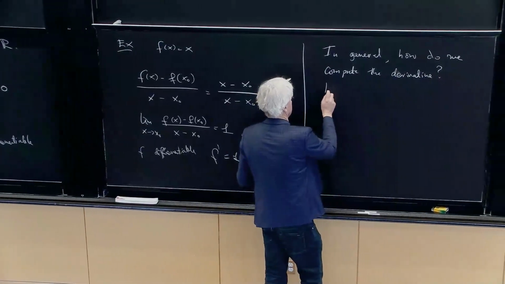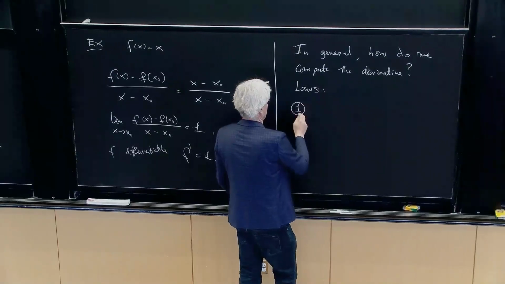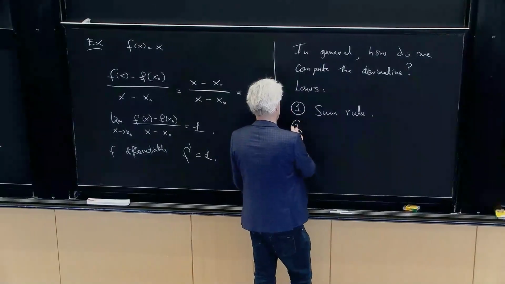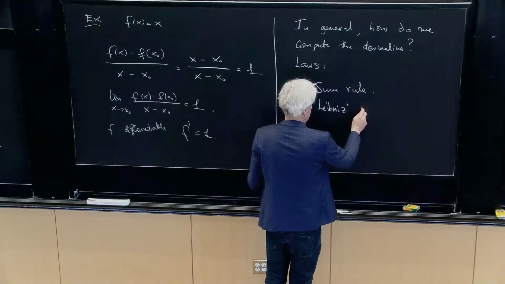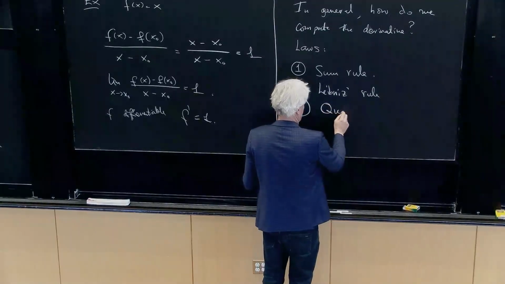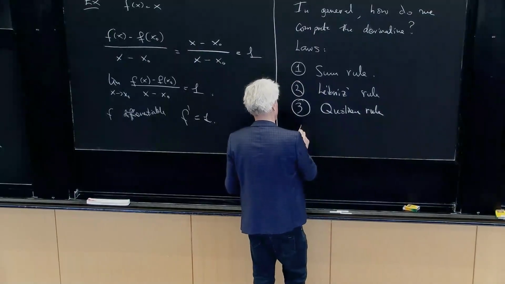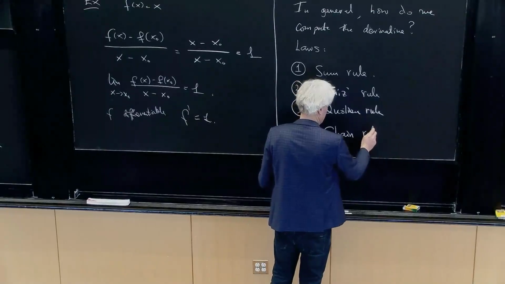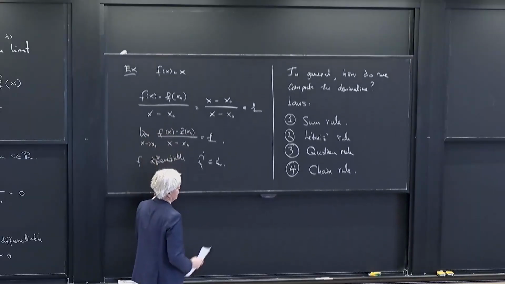So there are these laws: the sum rule, what's usually called the Leibniz rule, the quotient rule, and then also the chain rule. Okay. Now let me look at the first three rules first.